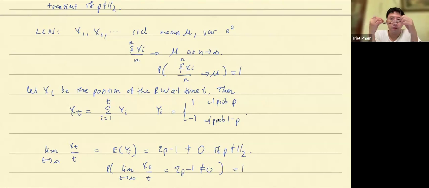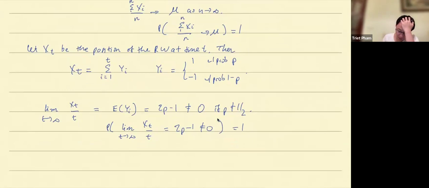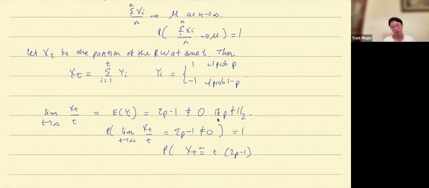Well, if you turn this around, then this says that the position at time t is approximately t times 2p minus 1. Again, this is a weird statement to make, but let's say approximately is fine, because a limit is an approximation. You can make this more rigorous with epsilon-delta, blah, blah, blah. Let's not even go there.